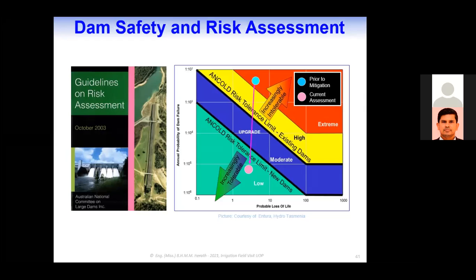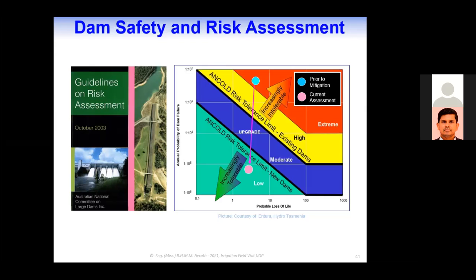If we are doing an upgrading project, the blue dot shows it is prior to mitigation, and then the rose color one shows the current assessment after the upgrading. Always we need to reduce the loss of life associated with this threat and the annual probability of dam failure.